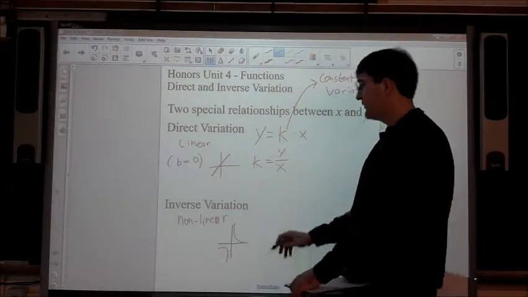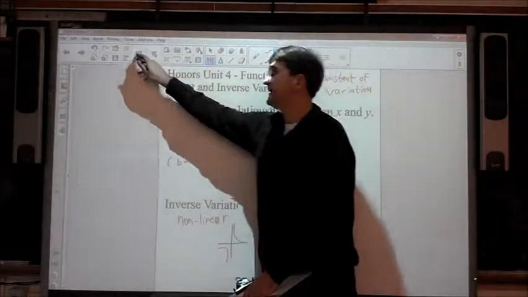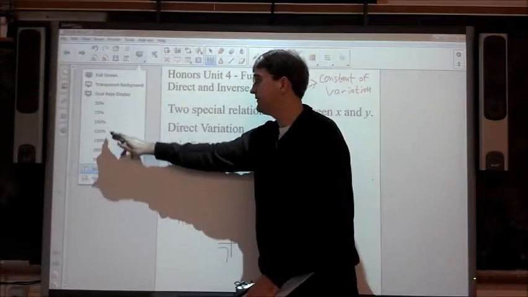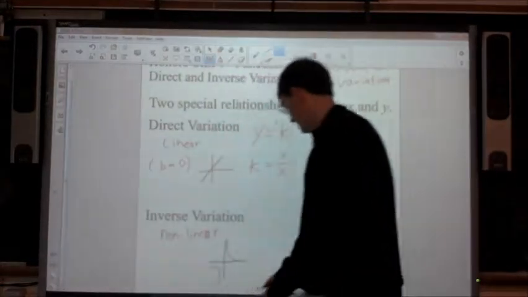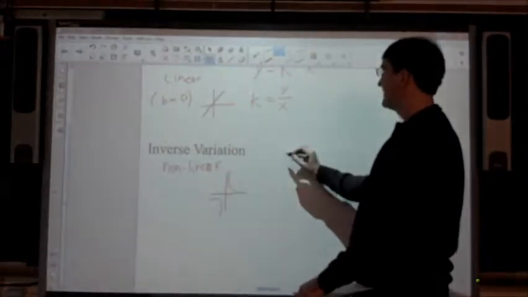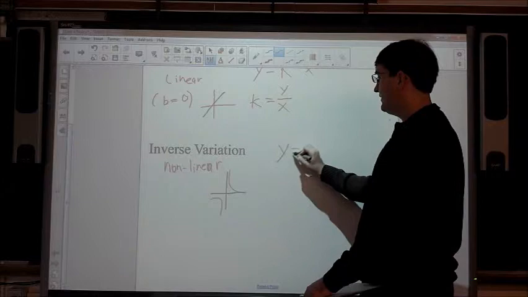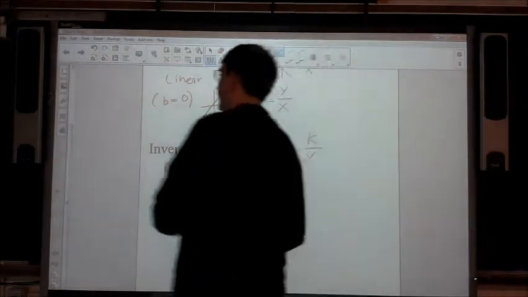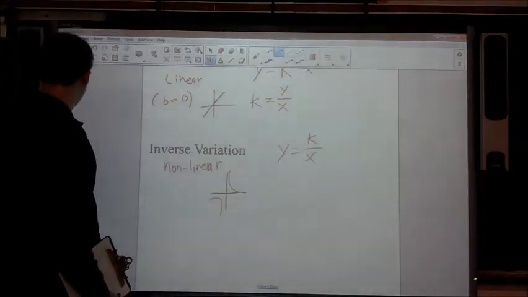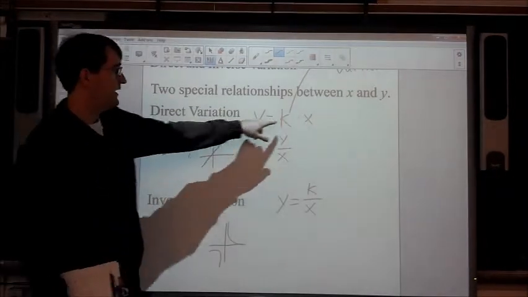But generally, the formula for inverse variation is y equals k divided by x. For direct variation, we have y is equal to k times x.